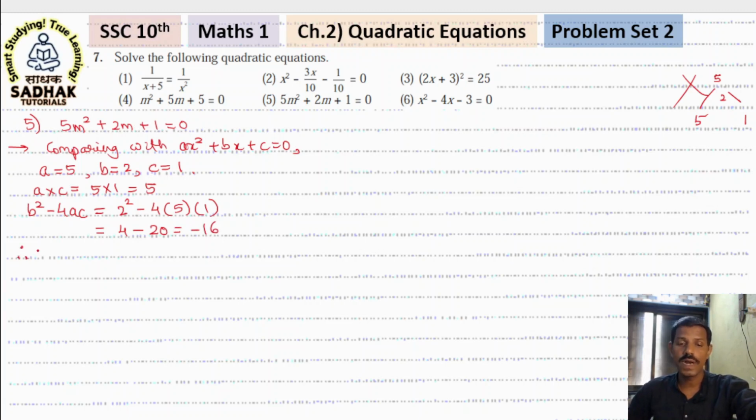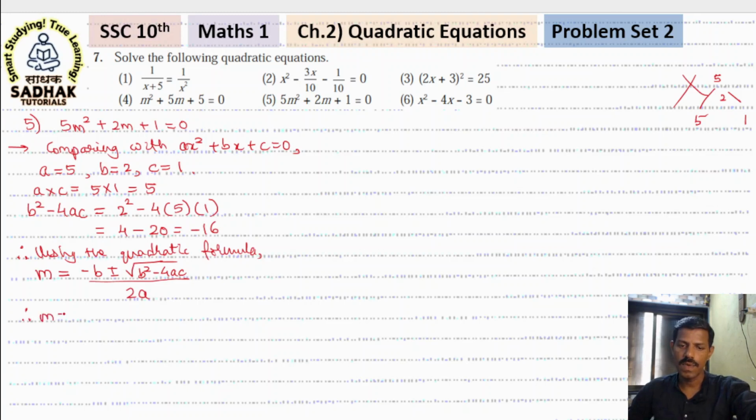So therefore using the quadratic formula, so what is the quadratic formula? X, that is root. Now here pay attention, x is not the variable, here the variable is m. So while writing the quadratic formula, we will not write x, we will write m. So therefore m is equal to minus b plus or minus under root b square minus 4ac divided by 2a.